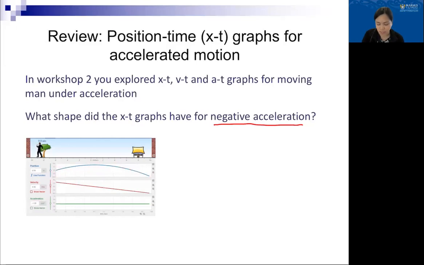If we retrace our steps backwards again, if you have this acceleration that's constant and negative, the velocity time graph will be a straight line pointing downwards.